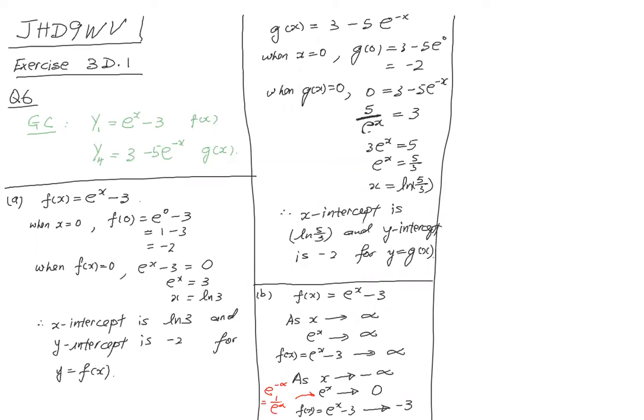I have a positive number: 5 minus 3 equals 2. 0.1 minus 3 equals negative 2.9. 0.01 minus 3 equals negative 2.99.